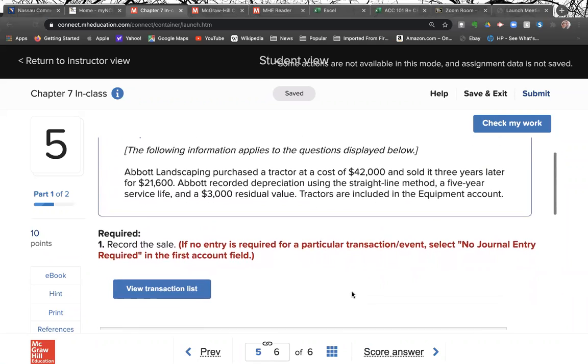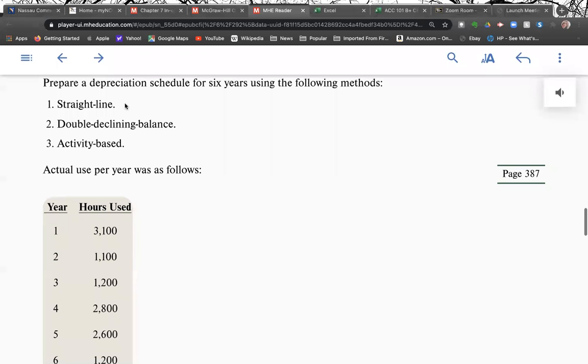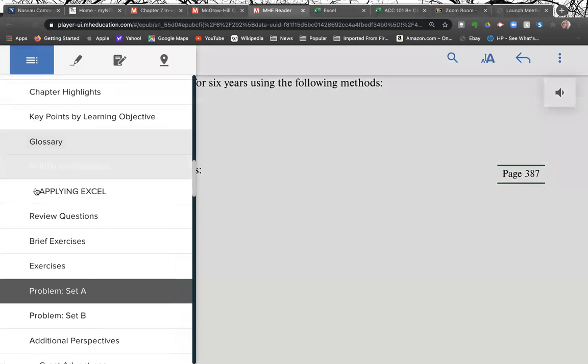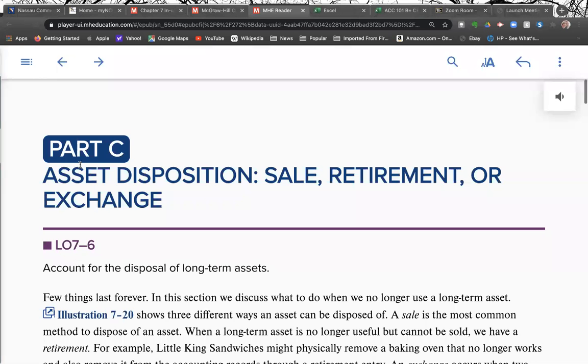Okay, so the last topic for today, and again, remember this is on your exam, okay? If you go back to the book, it's under this section here, asset disposition, sale, retirement, or exchange.